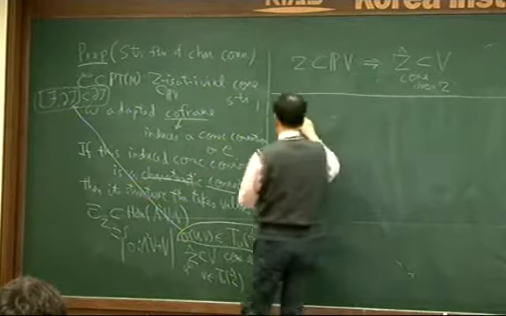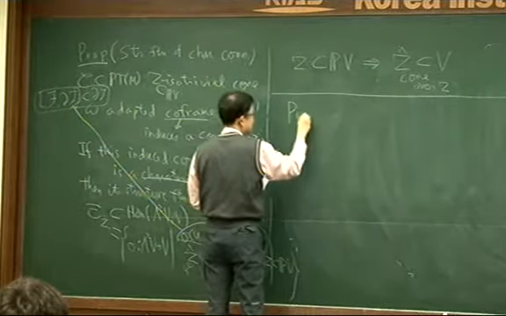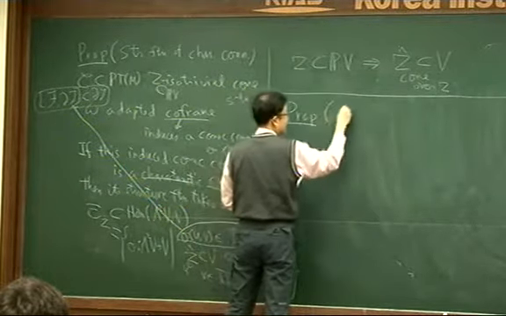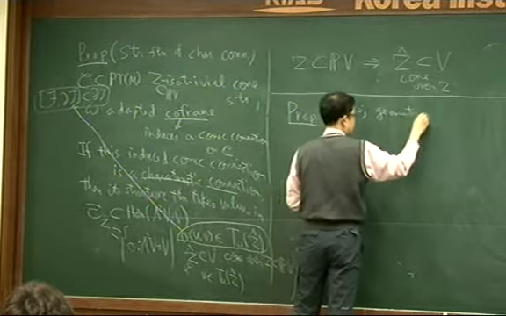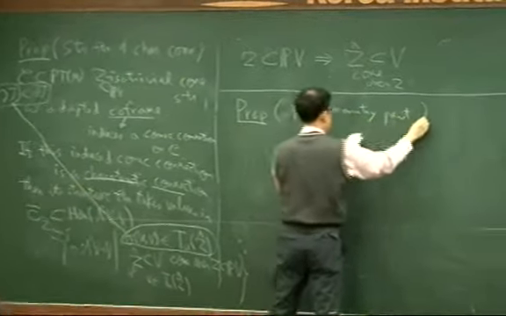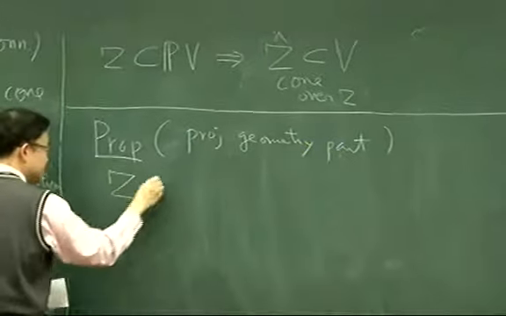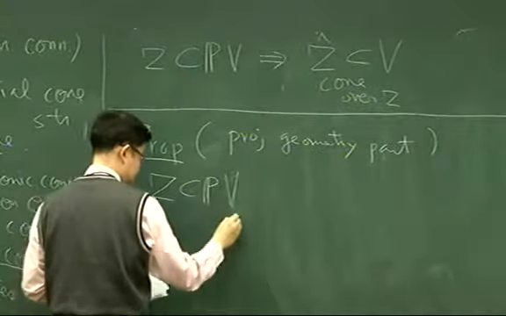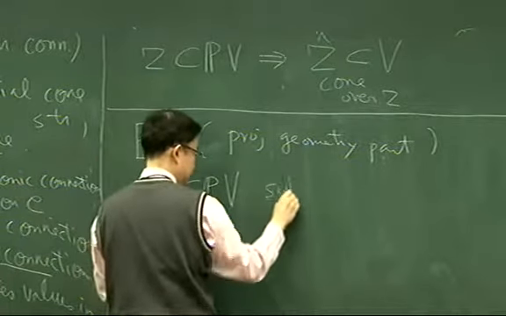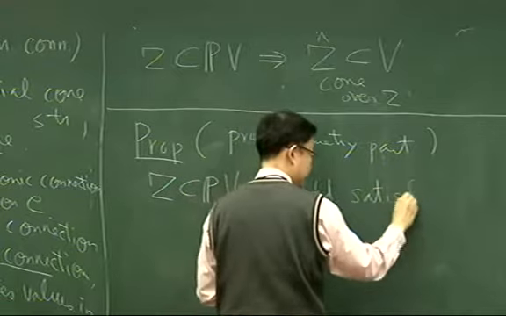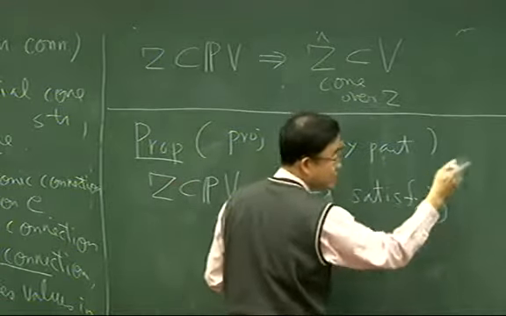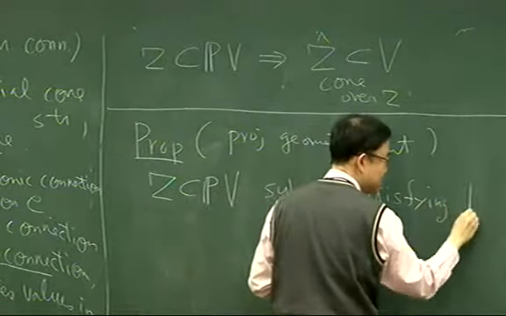And here's the essential projective geometry part. Suppose G is a submanifold satisfying, well, I erased it, but I wrote 4 conditions.